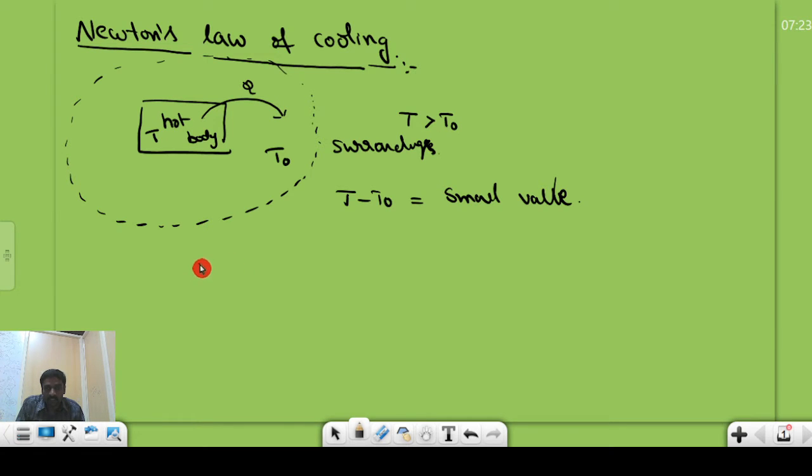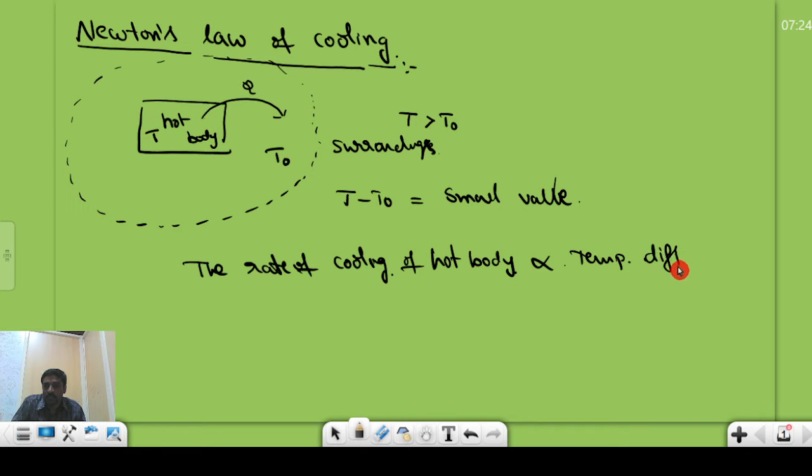So the rate of cooling of the hot body is directly proportional to the temperature difference between the hot body and surroundings.